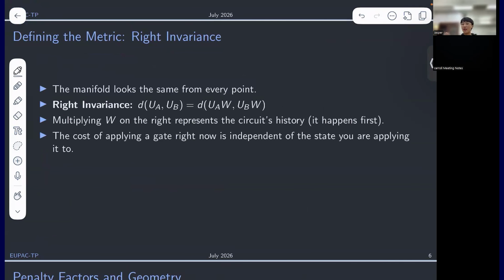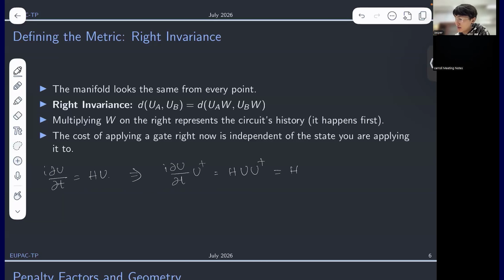Now we are going to see one property of this. I shouldn't say it's a choice made by Nielsen. It's not really a choice, but let me just explain it a bit. In order to get our Hamiltonian from the Schrodinger equation, the equation needs to be right invariant.